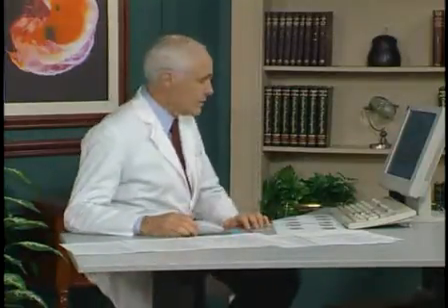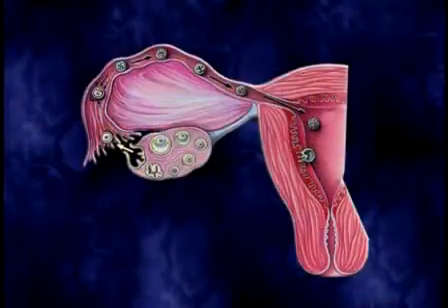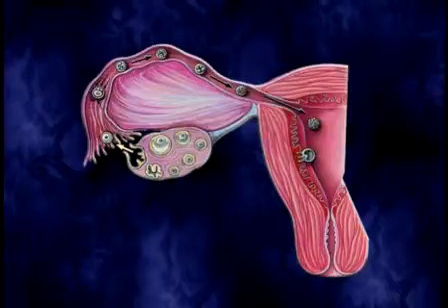So that's the physiology of the normal menstrual cycle when we don't have fertilization. Let's look at the physiology of fertilization. If we look at this slide, we have the time course of conception.